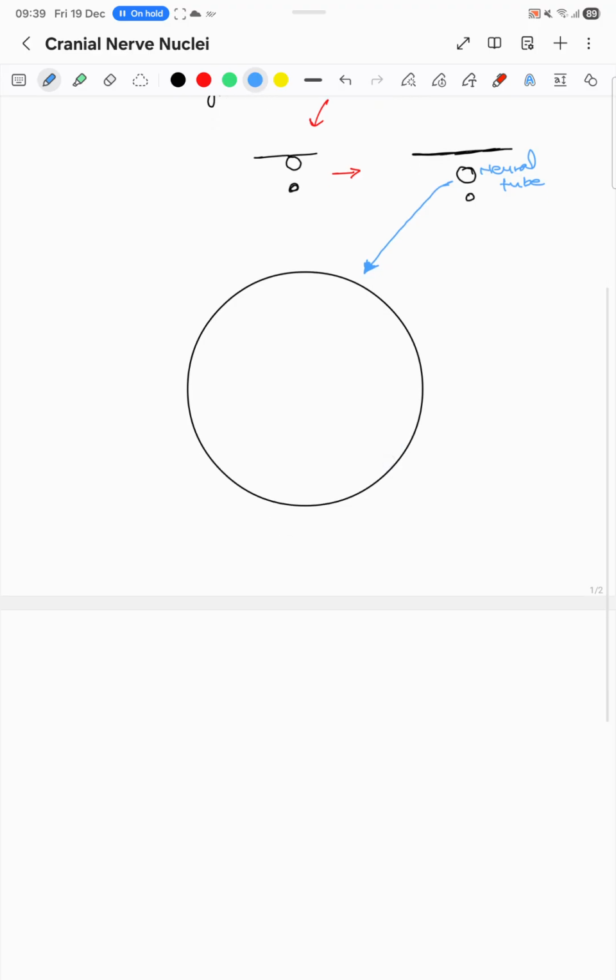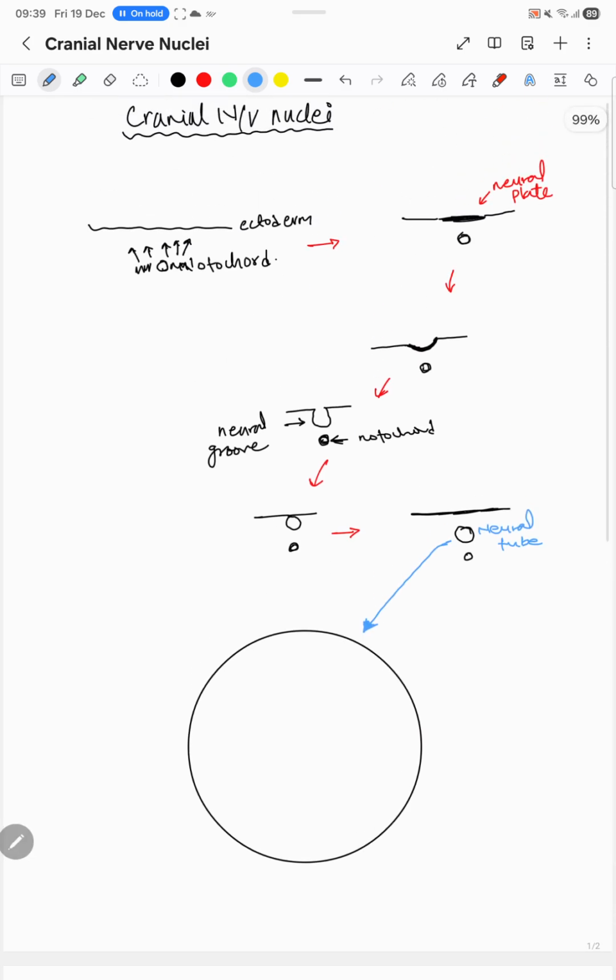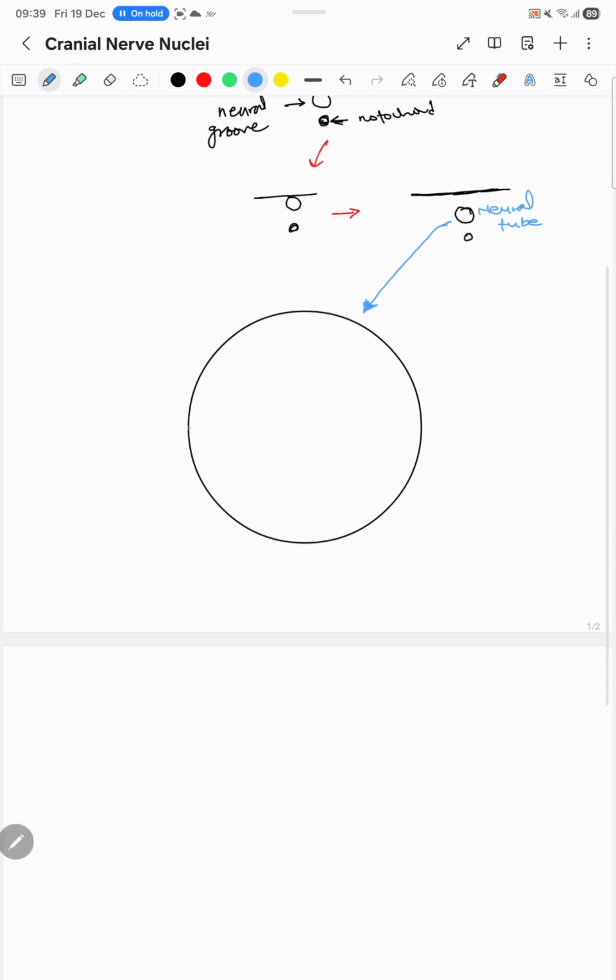Eventually what would happen is that there's actually division of this neural tube into certain regions. Let's make it a better drawing. Let's say this works.